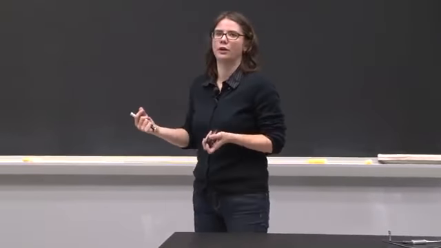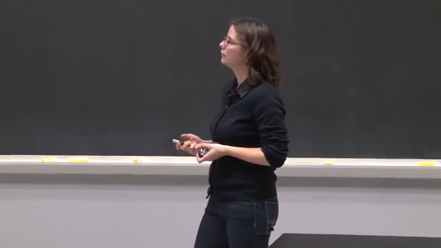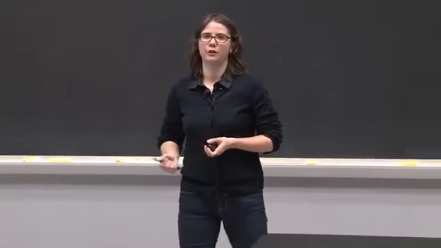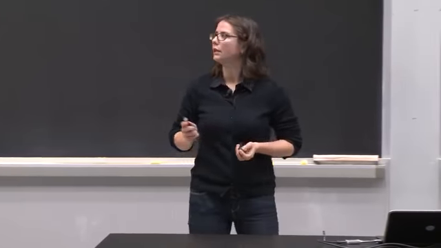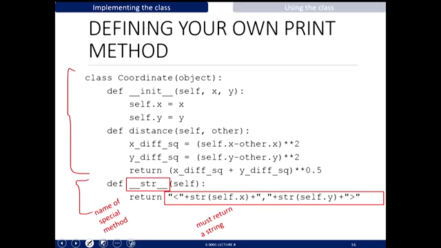There are no other parameters to it. str has to return a string. And in this particular case, we're going to return the string that's the angle brackets concatenated with the x value of the object, self.x, concatenated with a comma, concatenated with the y value of this particular instance of an object, self.y, and then concatenated with the angle brackets.